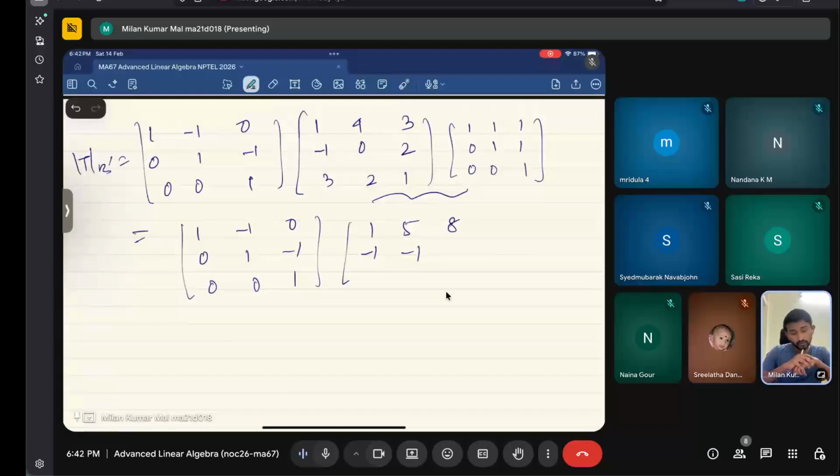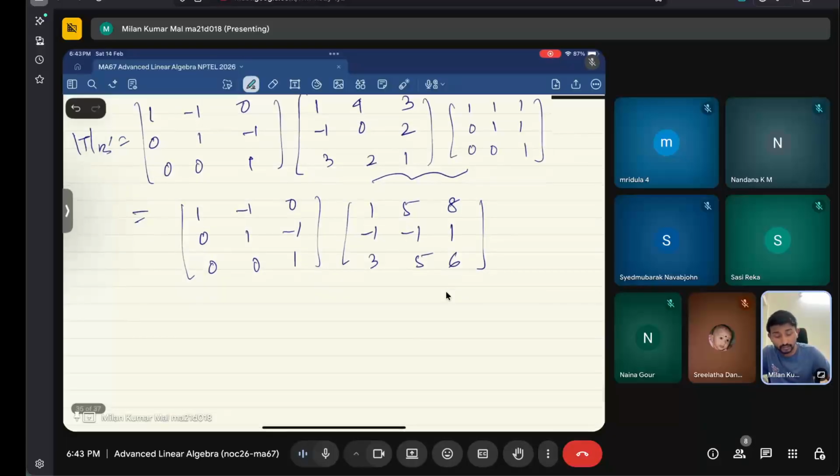Then 3 plus 2, 5, and this is 6. Basically the first column will be as it is, the second column will be the addition, so 4, 5, minus 1, 5. The third column will be the addition of all of them, so 8, 1, 6. This is correct.